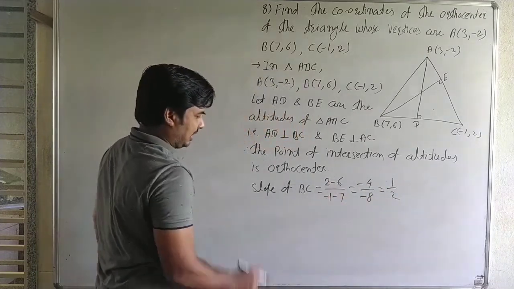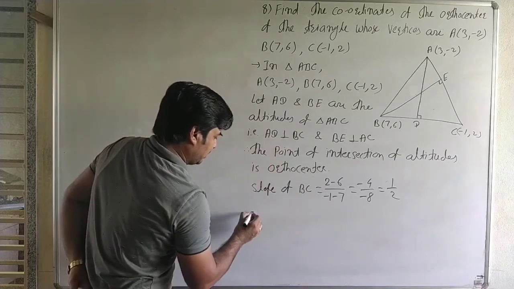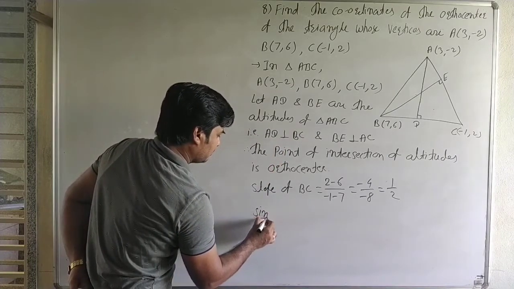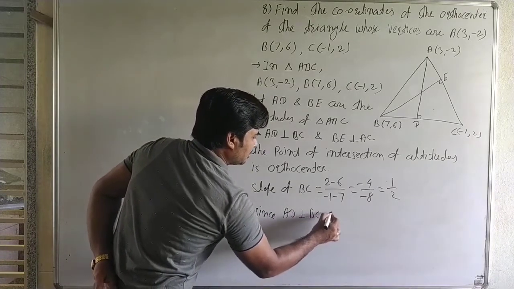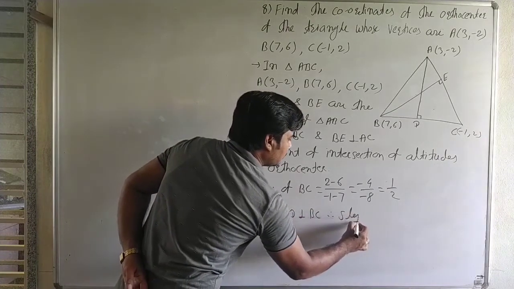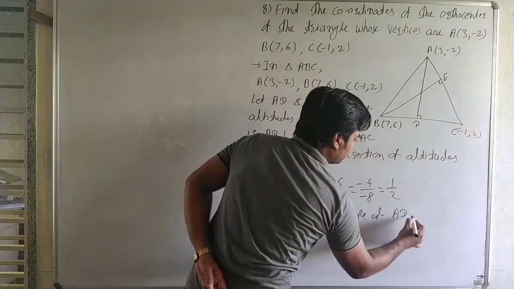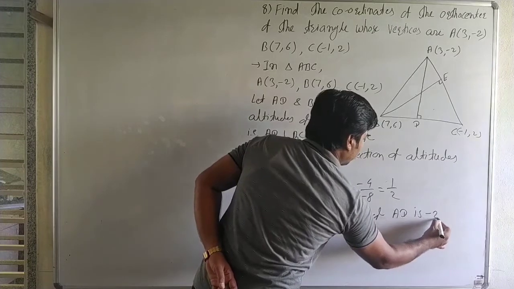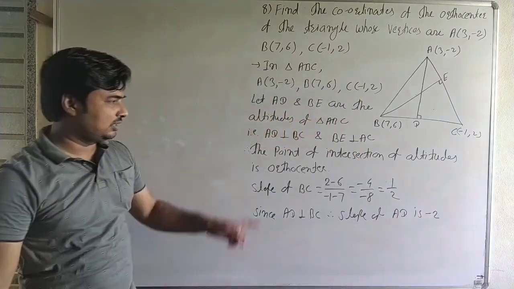This is the slope of BC, and we know that AD is perpendicular to BC. Since AD is perpendicular to BC, the slope of AD is -2.